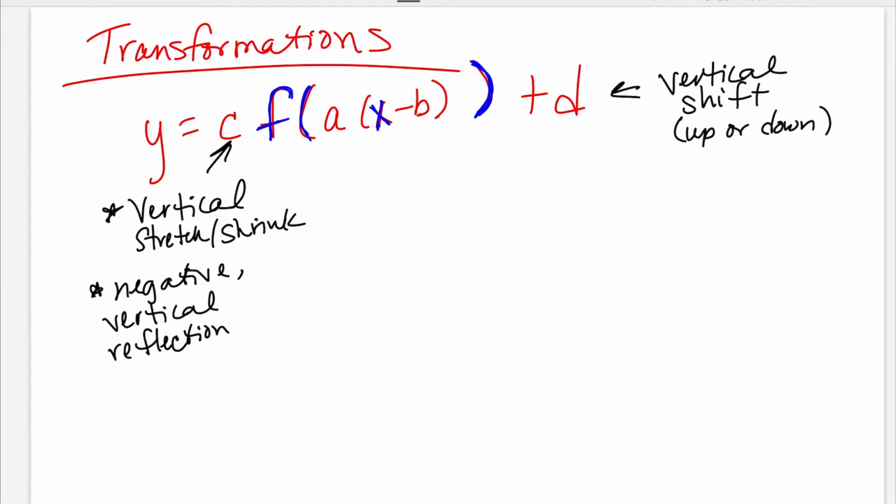Now let's focus on the inside here. Again, this A is multiplied. If it's multiplied, that's that stretching and shrinking. And again, if this is negative, then it's a horizontal reflection.